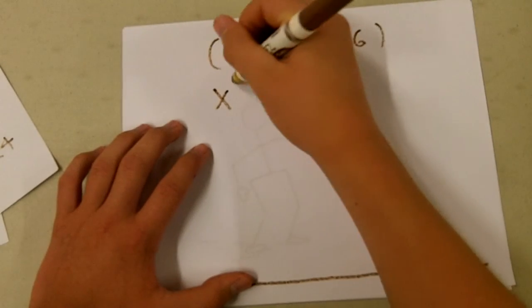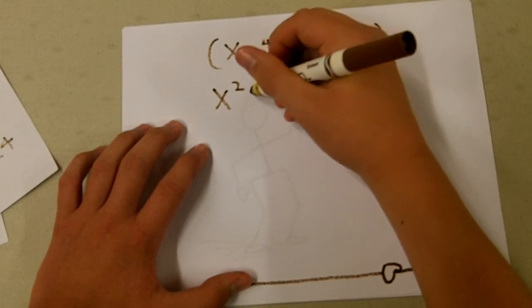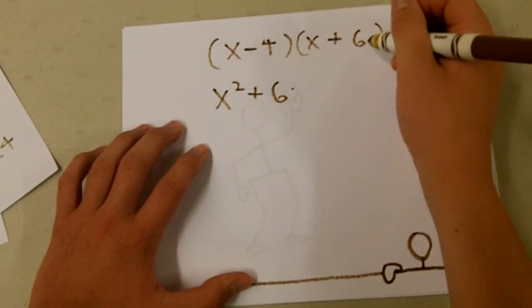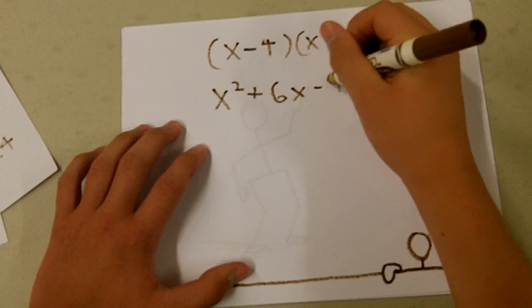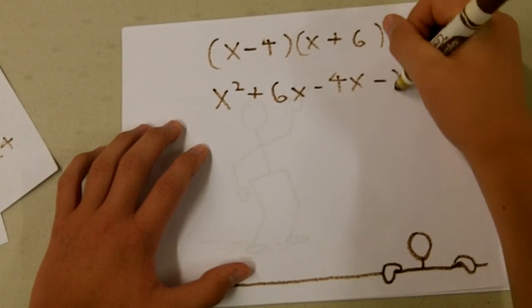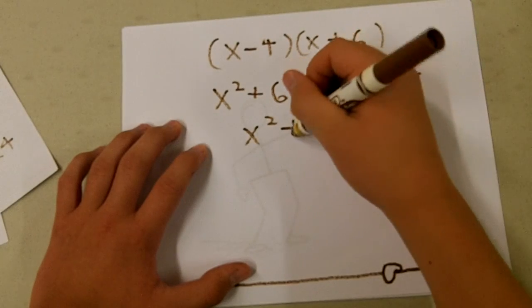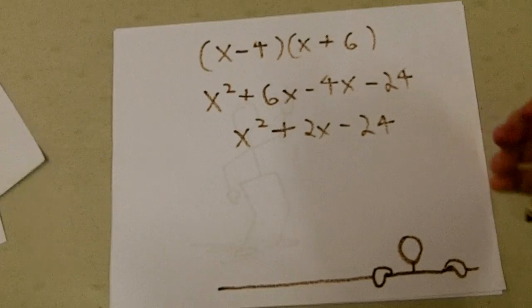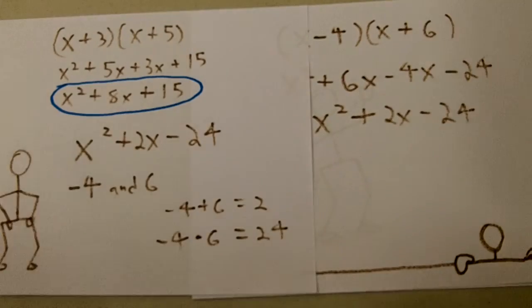And I can prove it by multiplying it to give us x squared plus 6x minus 4x minus 24. Simplifying it to equal x squared plus 2x minus 24. And when we check back with our work, we have the same answer that we had before.